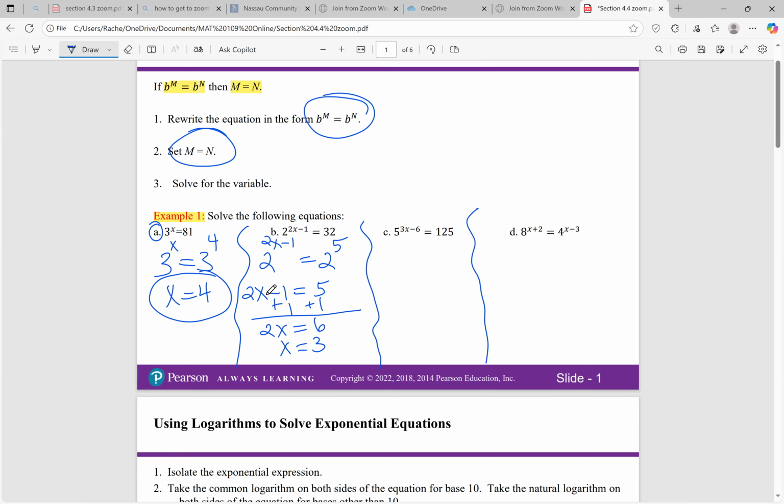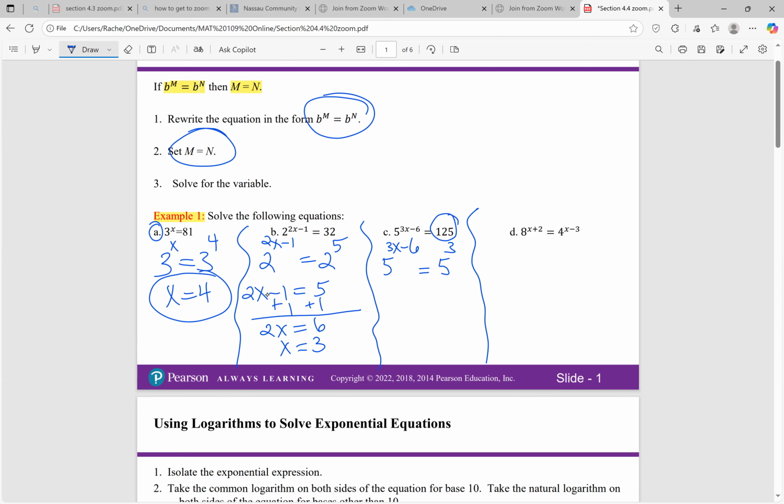So we have 5 to the 3x minus 6 is equal to 125. So I see a 5, I see a 125, and I'm thinking I could rewrite this 125 with a base of 5. That's going to be 5 to the third. So this is going to be 5 to the 3x minus 6 is equal to 5 to the third power.